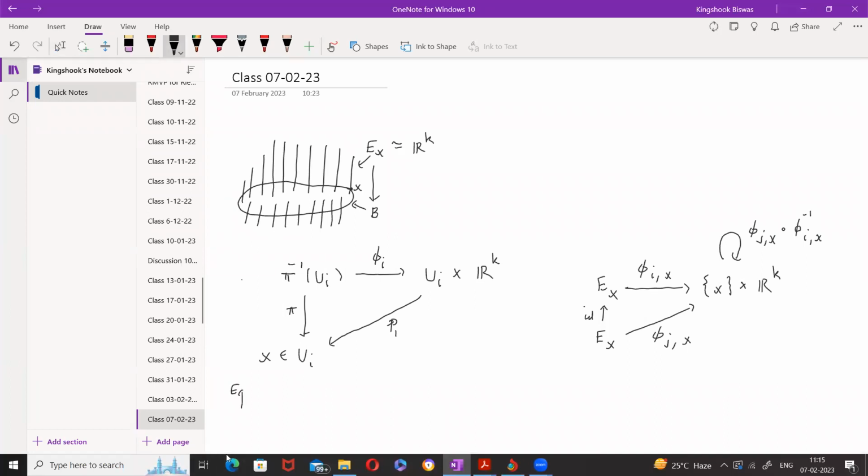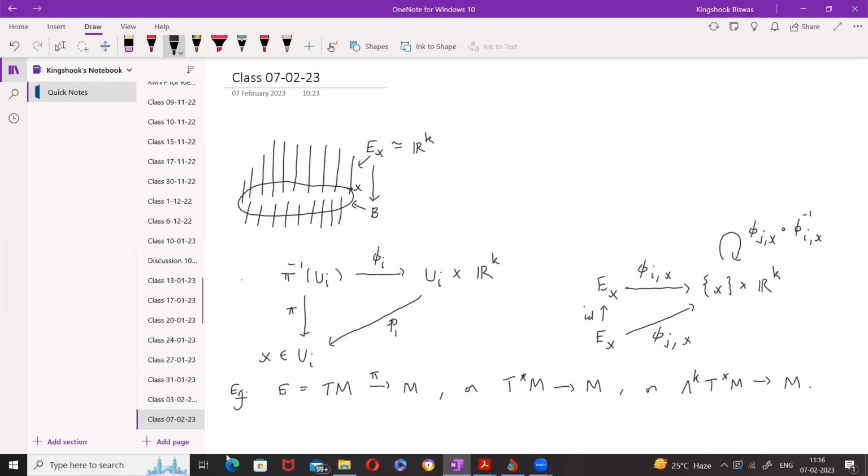So we can take E to be the tangent bundle TM over M, or the cotangent bundle T*M over M, or when we were looking at differential forms, then we'll take the kth wedge of the cotangent bundle over M, right? So all of these are vector bundles in a natural way, right? Okay.